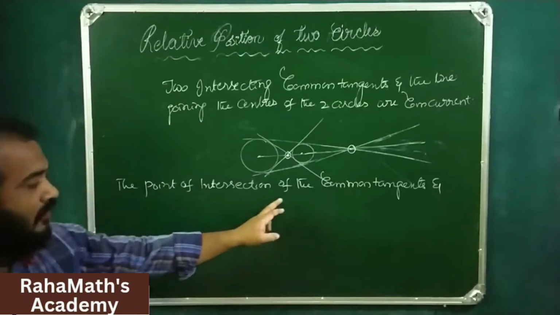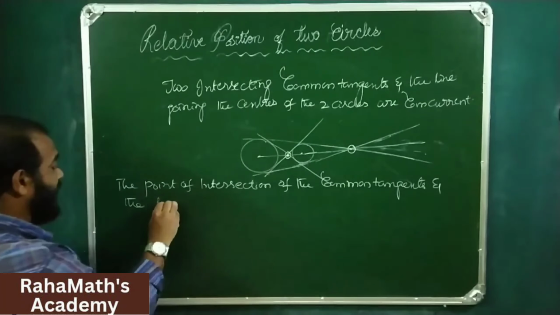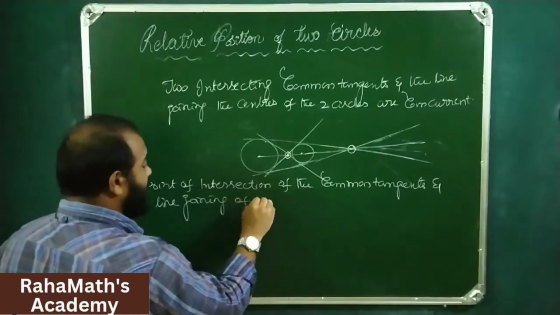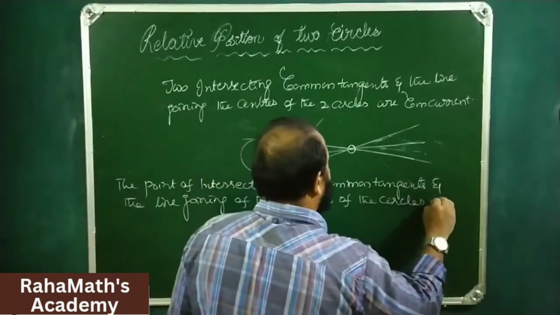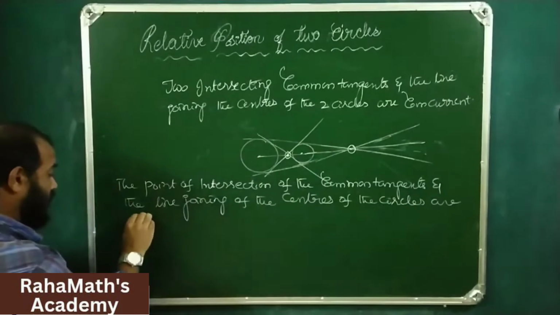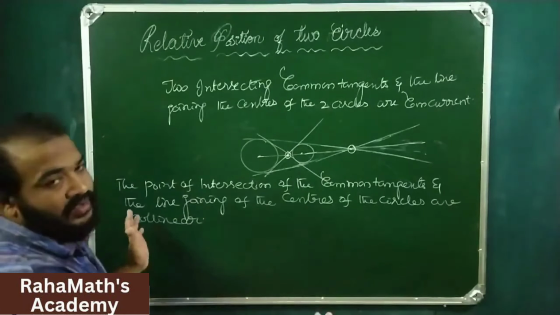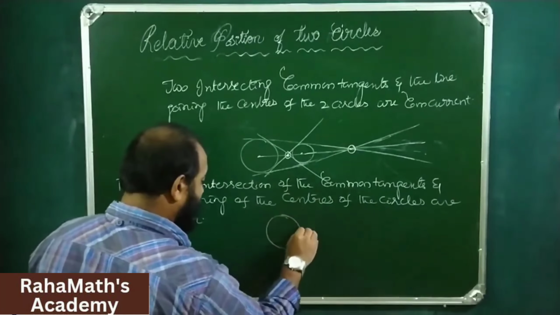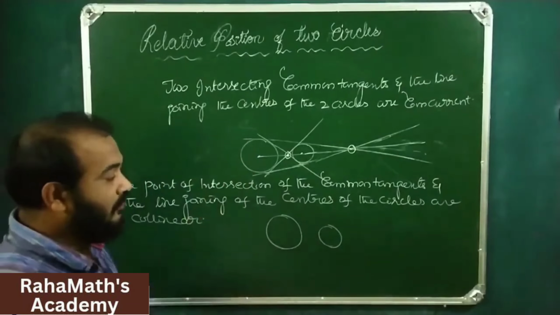Similarly, the point of intersection of the common tangents and the line joining the centers are collinear. What is collinear? All are lying on the same line. For example, let us take this. The point of intersection of the common tangents.